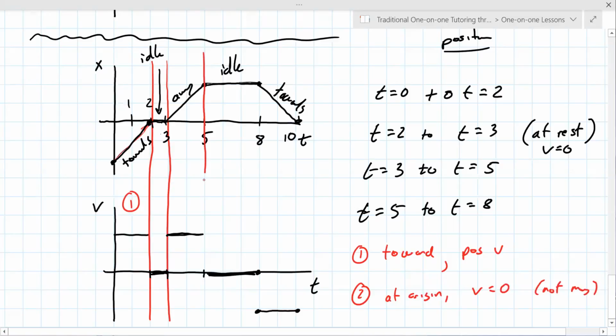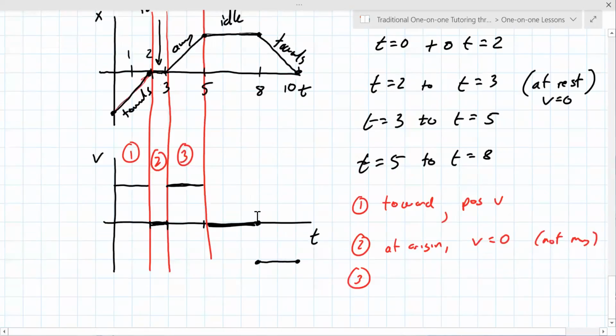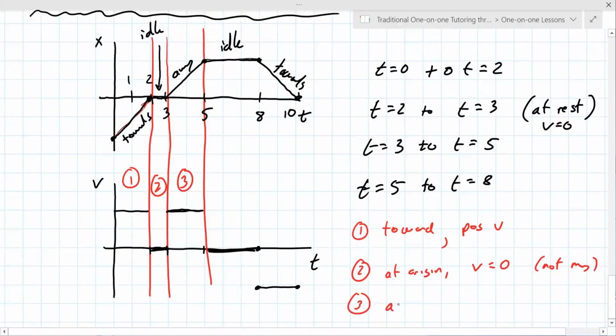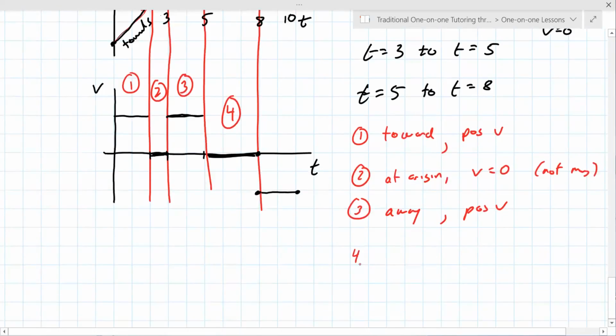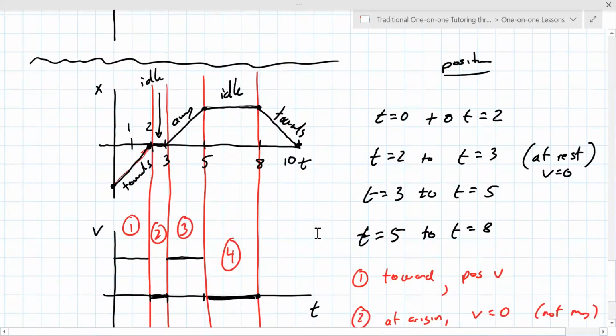In this third window, it is moving away and it also has positive velocity. And then in this fourth window here, it's a distance from the origin. That's why it's up here. It's a distance from the origin, but then it's not moving.